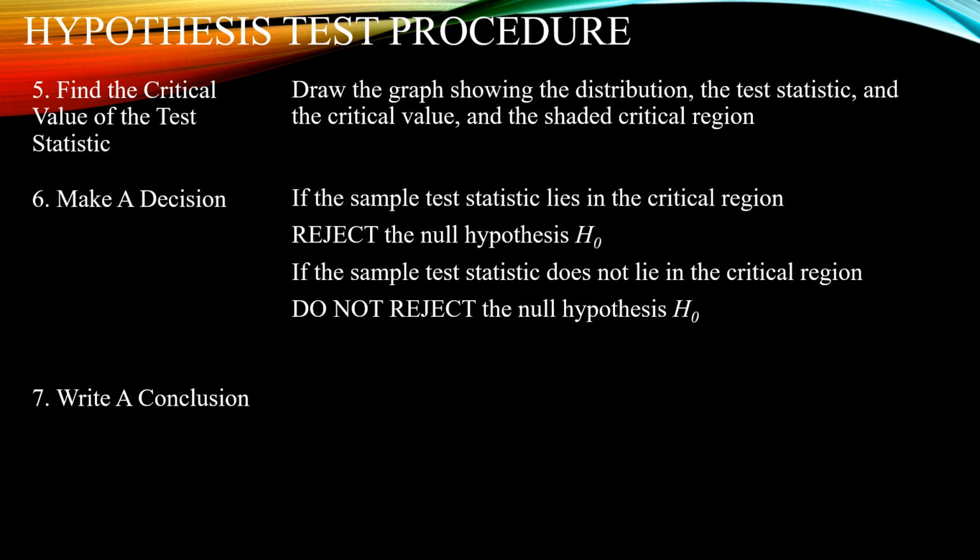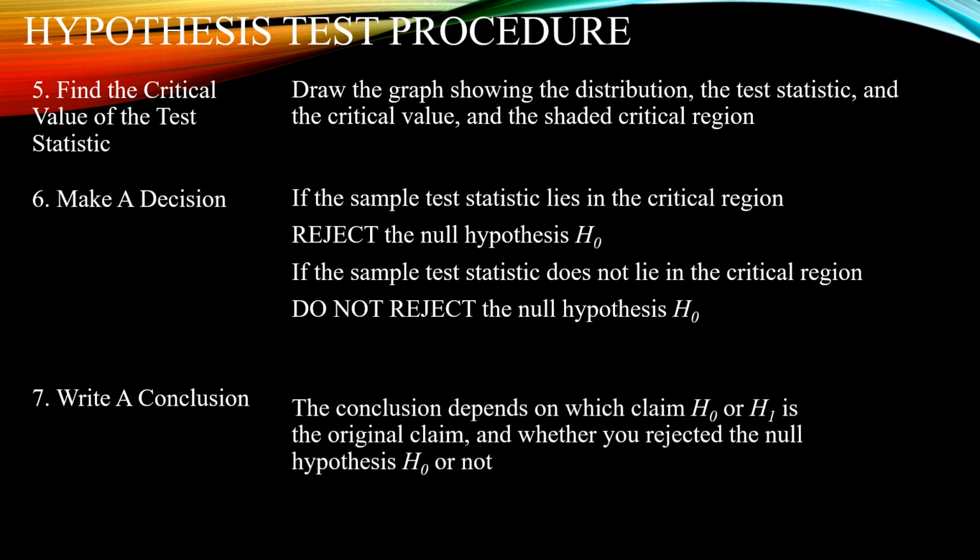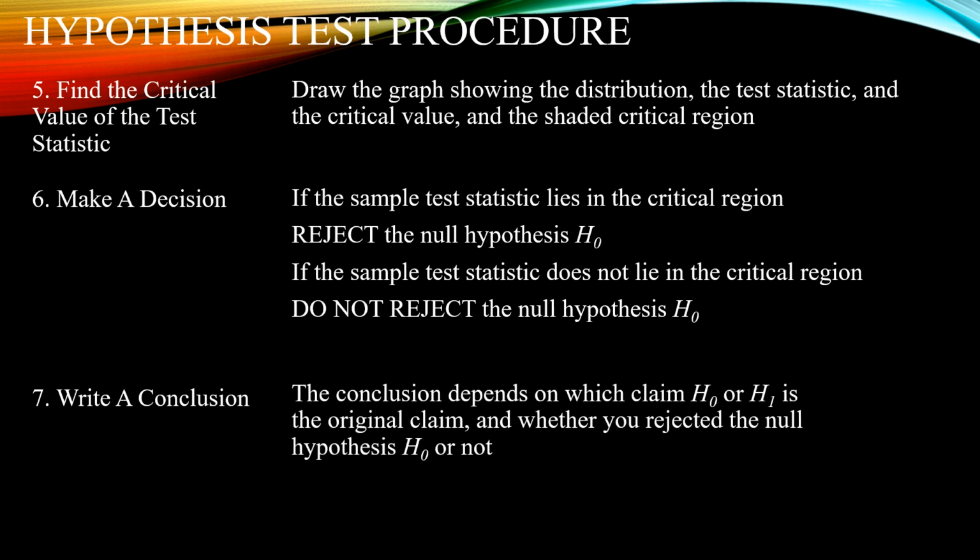Writing the conclusion is where you basically take the claim that was made originally and write a conclusion about that claim based on the results of this test. But remember, you can only reject the null hypothesis. So if your original claim is the null hypothesis, you're only ever going to reject or fail to reject that claim.